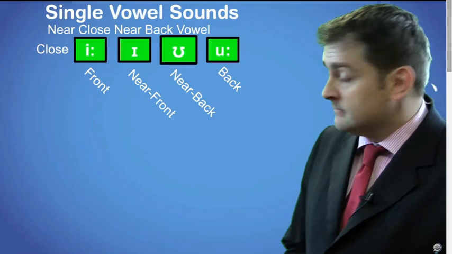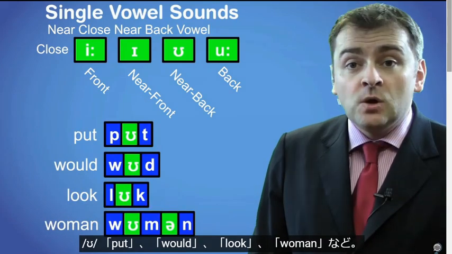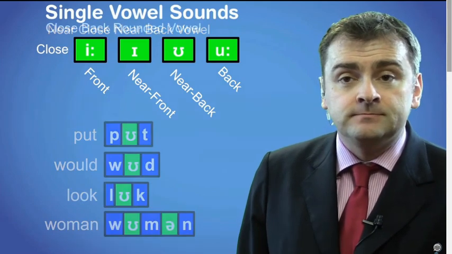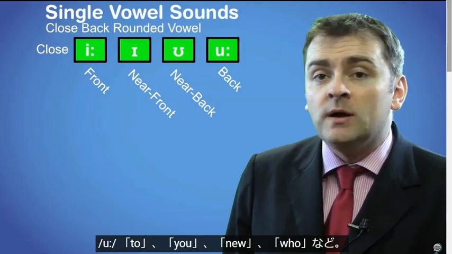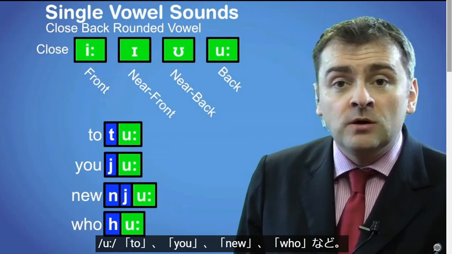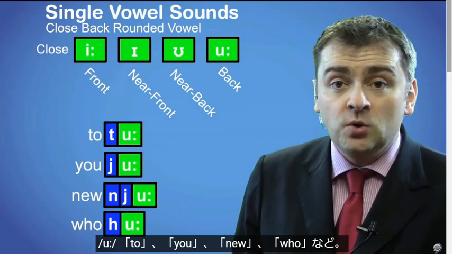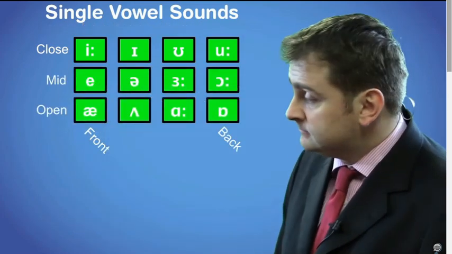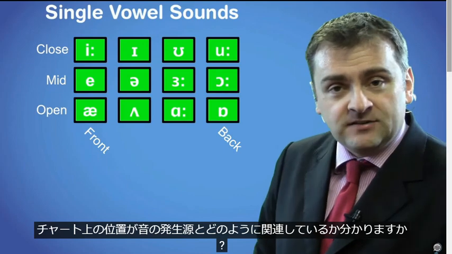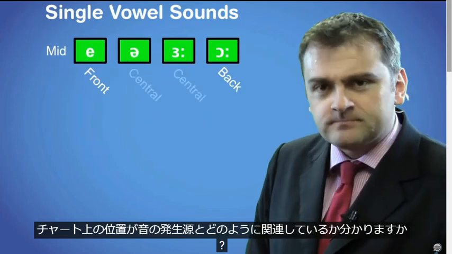U, as in put, would, look, and woman. Oo, as in to, you, new, and who. Do you see how the position on the chart relates to where the sound comes from?